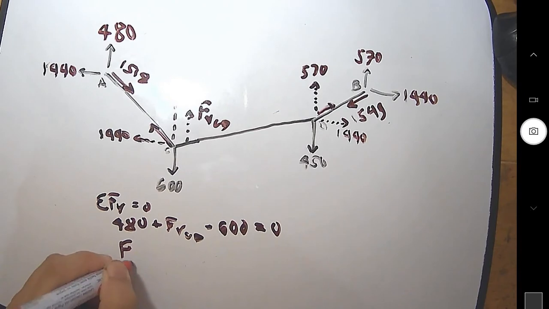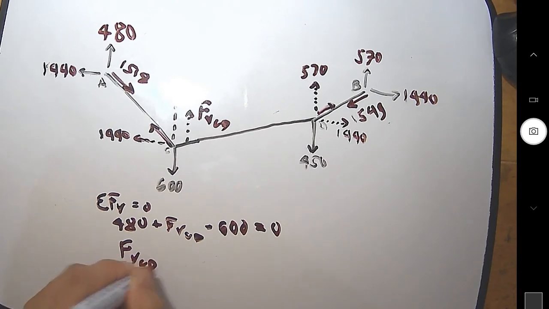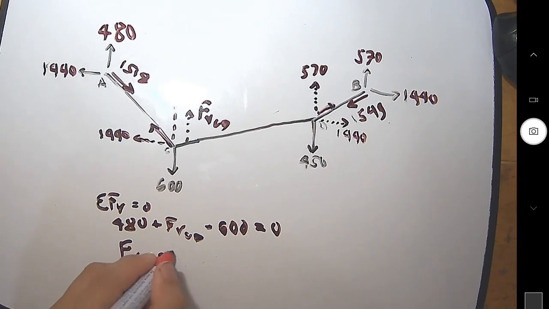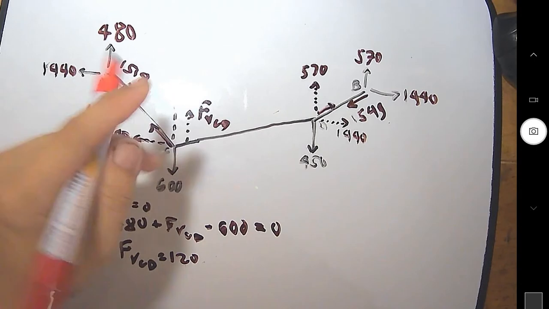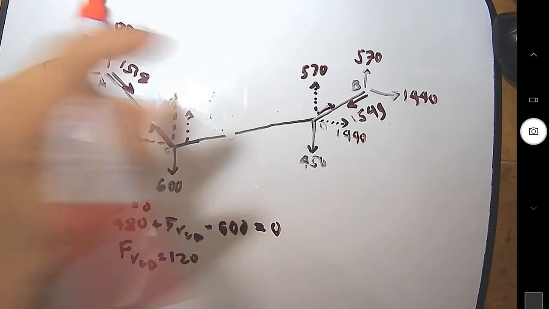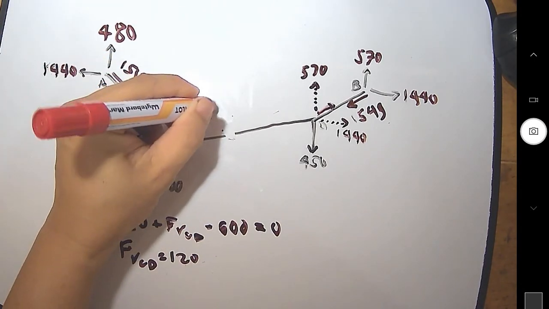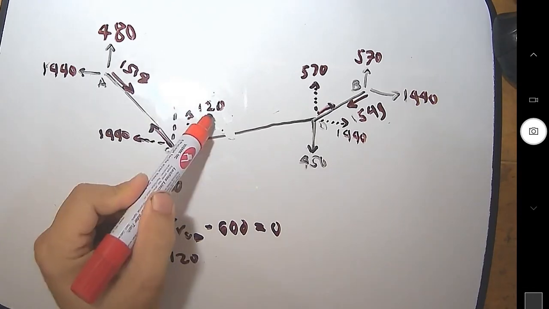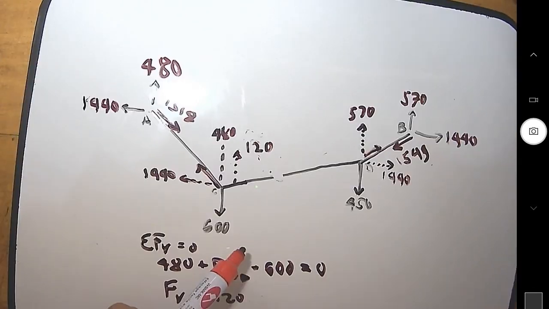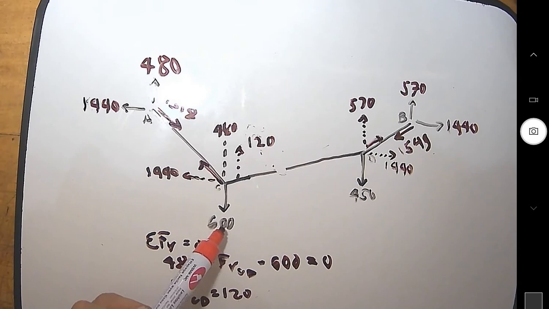So from there, you can say that FVCD would be equal to 120 newtons. Okay? So 480 plus 120 is equal to 600.